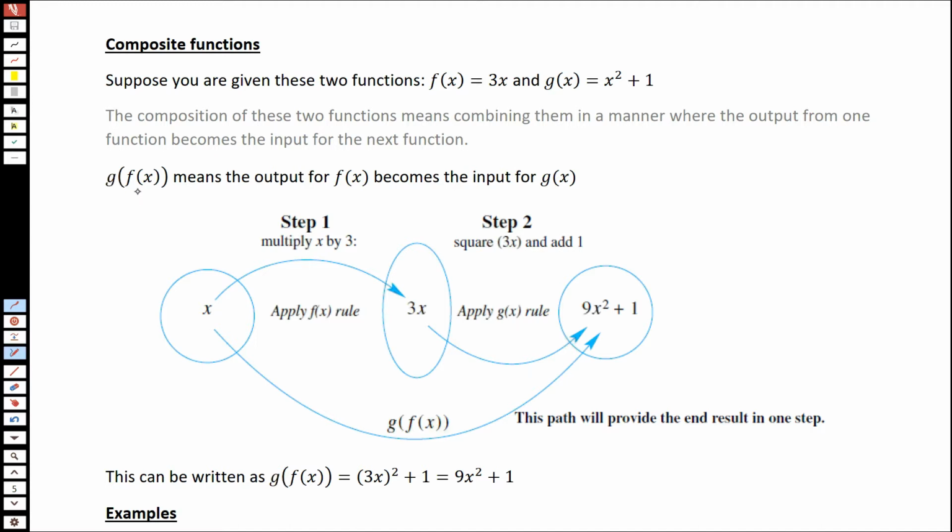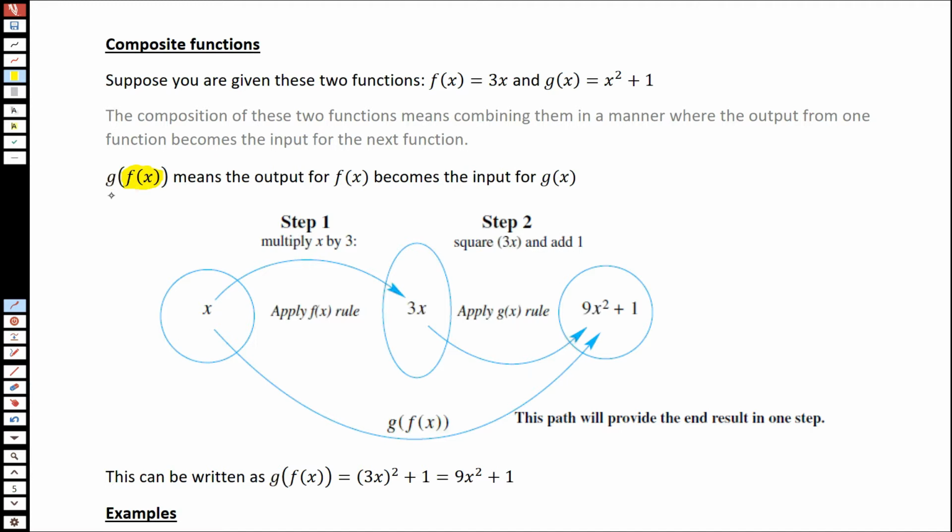So basically, if you look at what I have here, what is inside this bracket, which is f of x, is the input for g. Now this is the composition of g and f, whereby f is applied first before g.